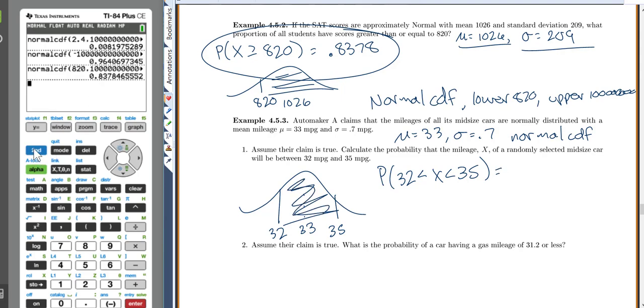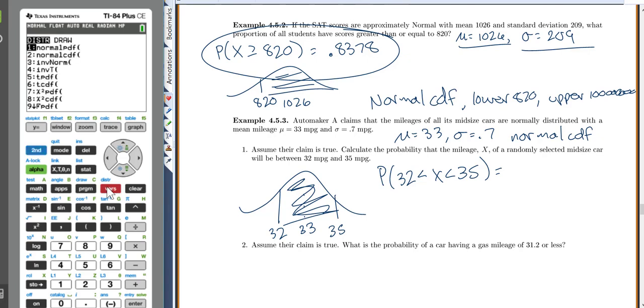So I'll go to my calculator. I'll do a normal CDF. My lower bound is 32. My upper bound is 35. My mean is now 33, and my standard deviation is 0.7.